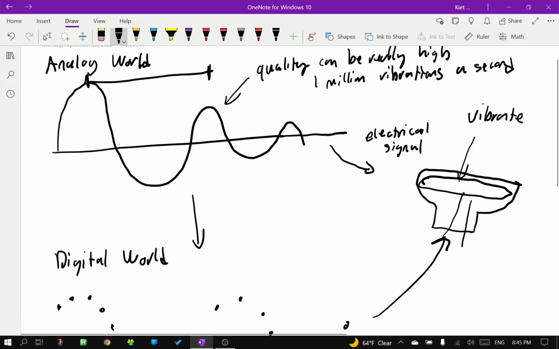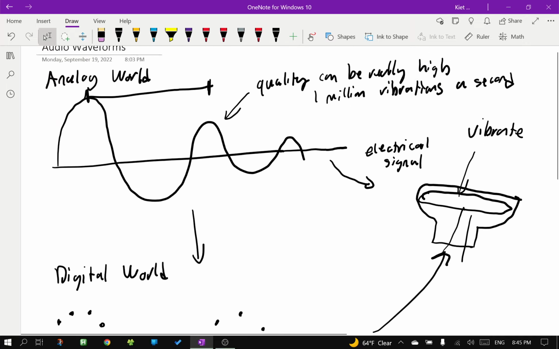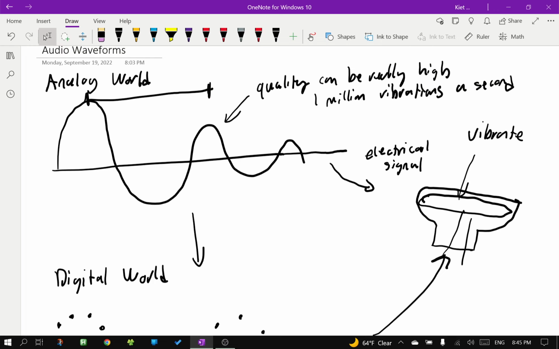So notice that the digital world is of much lower quality than the analog world, but our ears can't really tell the difference anyways, because you can only hear up to like 20,000 hertz.